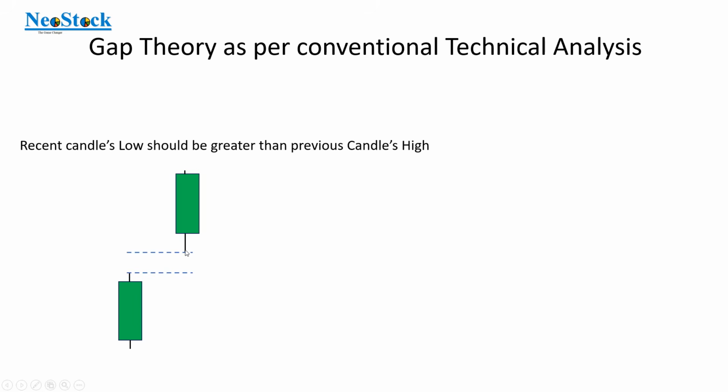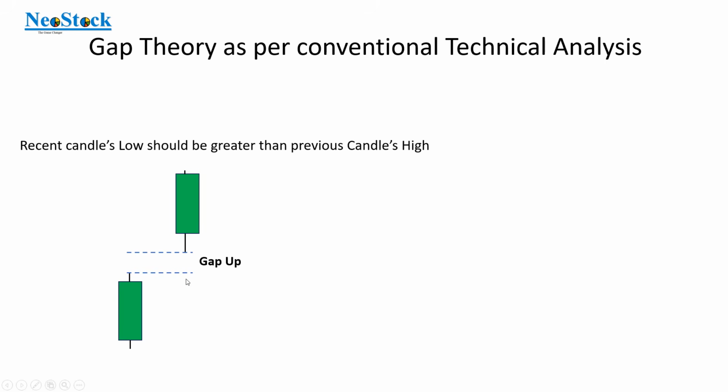This is the recent candle's low and this is the previous candle's high. Between them, can we find a gap? Yes. And what kind of gap is it? It is called gap up.